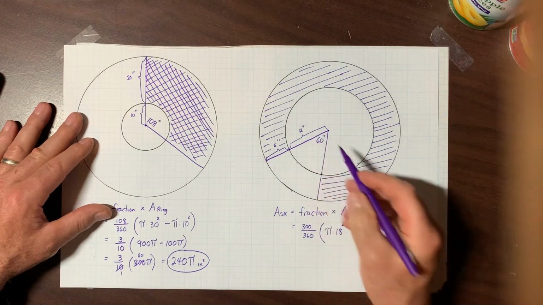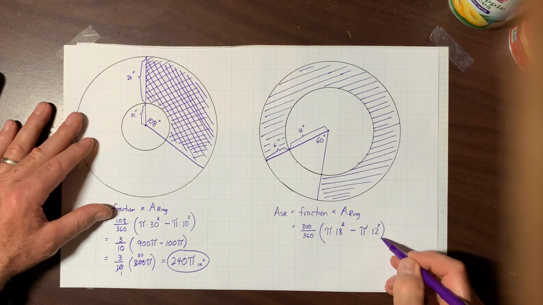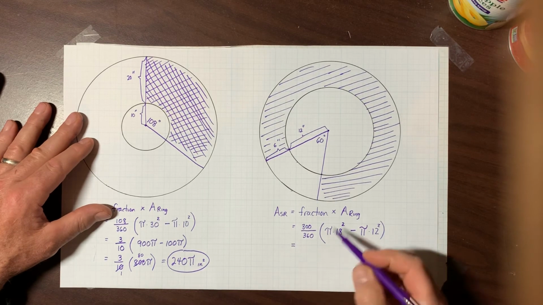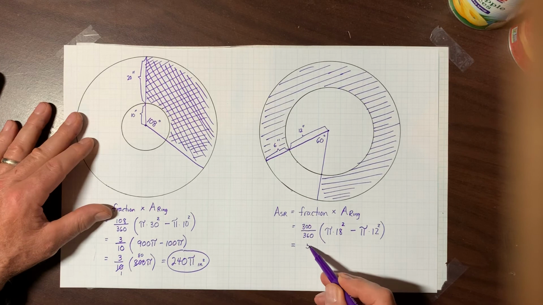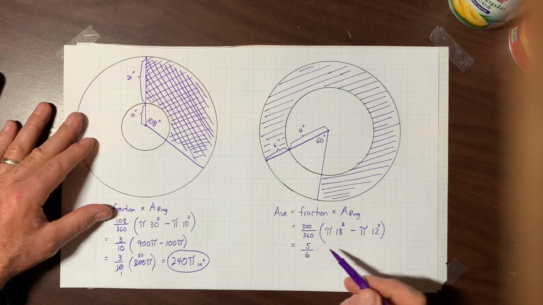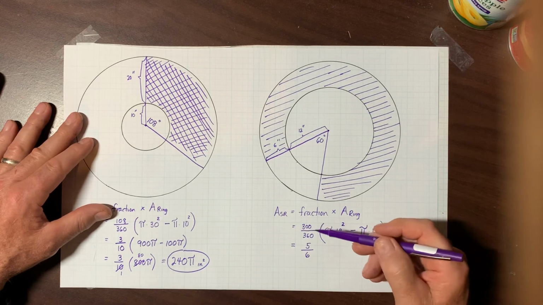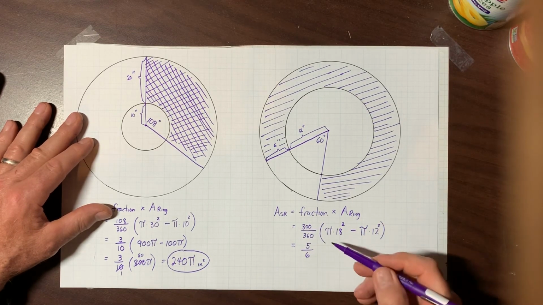So that'd be pi times 12 squared. All right, now I'm going to go ahead and reduce this fraction. This will reduce to 5/6. Once again, don't let that be anything that trips you up. You can leave 300 over 360 and then do this problem on your calculator.